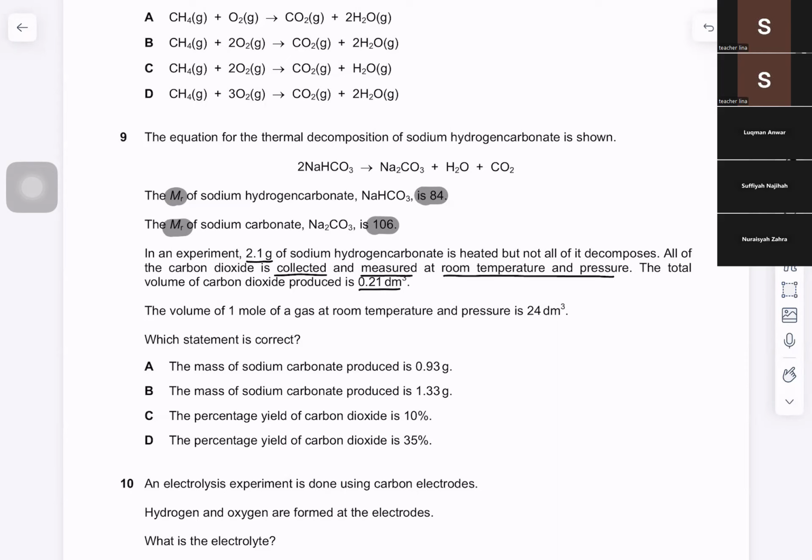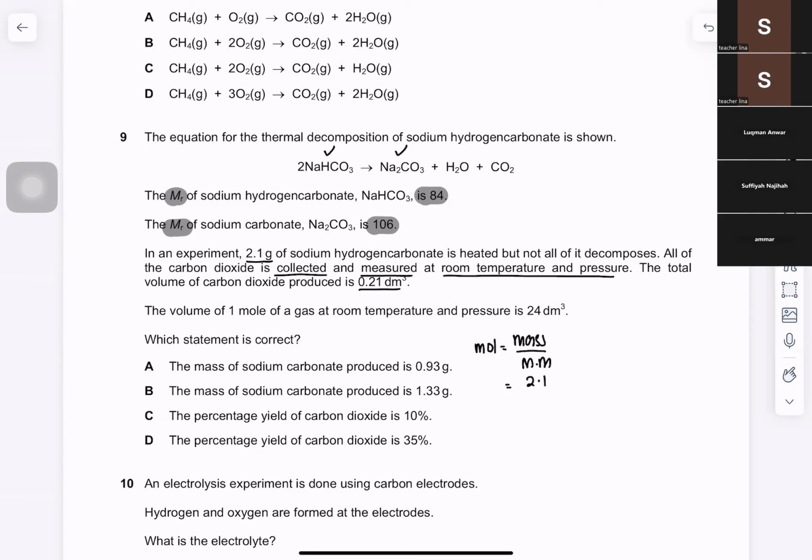Okay, so now kita kena cari the mass of the sodium carbonate. So sodium carbonate and sodium hydrogen carbonate. So 2.1 gram, mole equal to mass over molar mass.